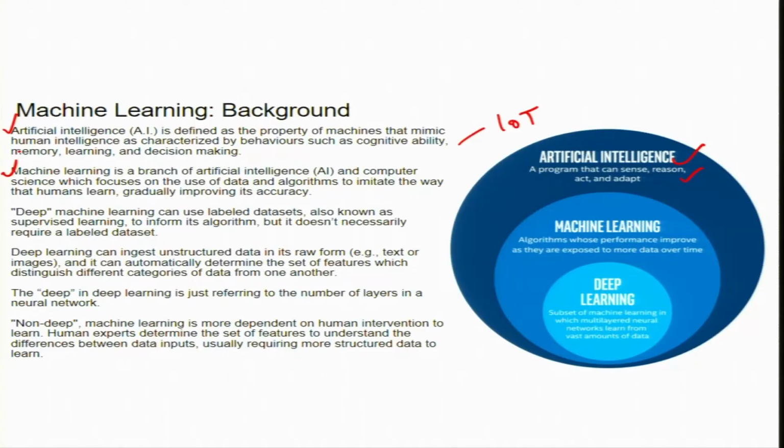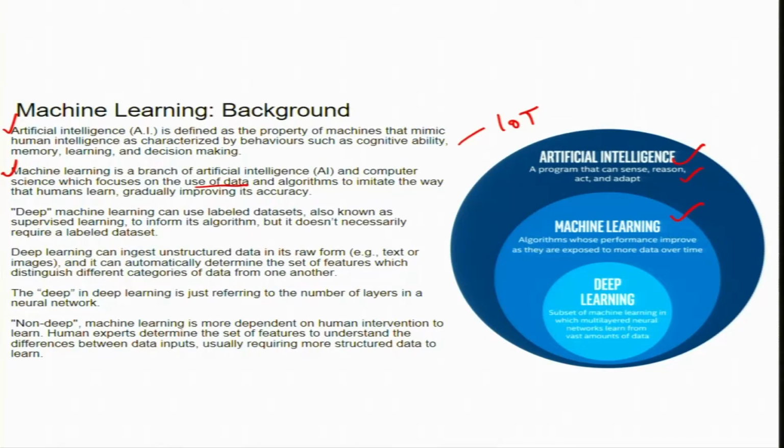Now, this particular artificial intelligence is supported by machine learning. Machine learning is a branch of artificial intelligence and computer science which focuses on the use of data. Here we will refer to the IoT data.